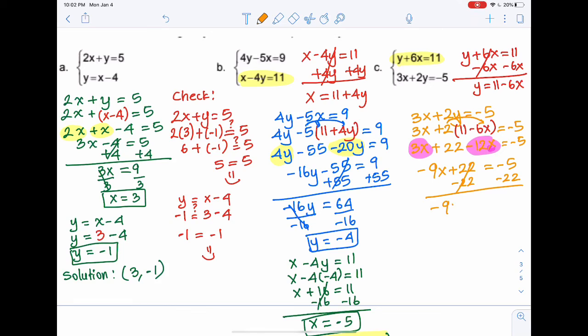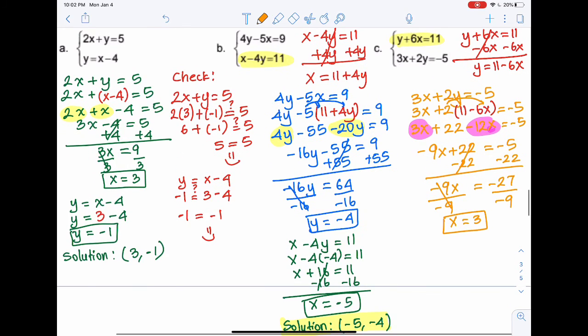And from here, I'm going to divide both sides of the equation by the coefficient of x, which is negative 9, and our x is positive 3, since negative divided by negative is positive. So we're done with the first variable. Now let's substitute 3 for x in the first equation to find y.